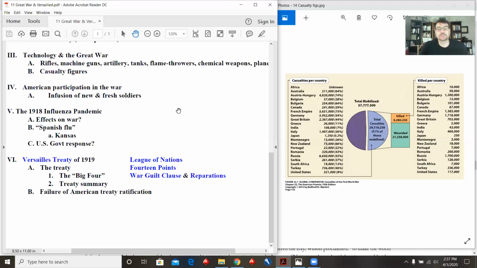And as part of the 14 points, Wilson called for the creation of a League of Nations, an international organization to solve countries' problems diplomatically, peacefully, so we can avoid another massive, devastating world war. So this becomes the basis of the peace treaty.